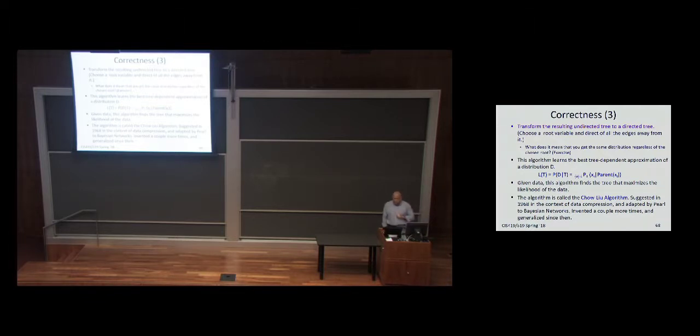Later on, Judea Pearl, who invented and did most of the fundamental work on Bayes nets, or probabilistic representation in general, invented the algorithm again in the context of Bayes nets, and it was later invented a couple more times, but basically it's the same algorithm.